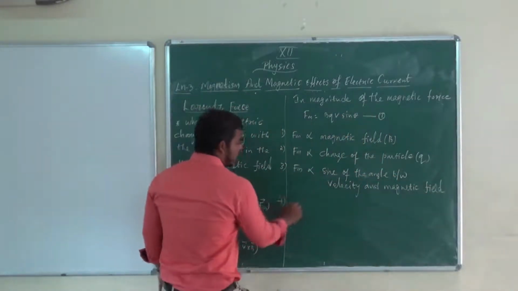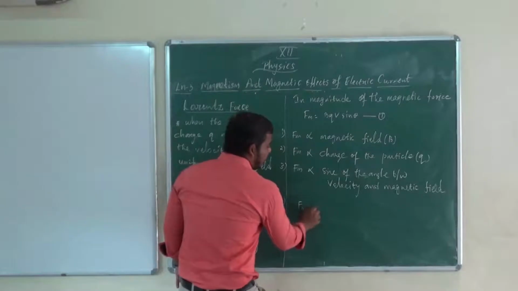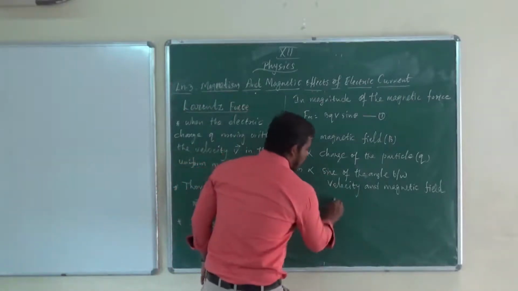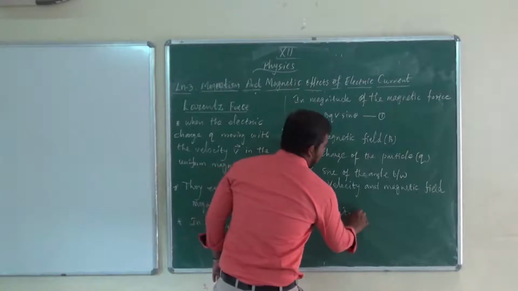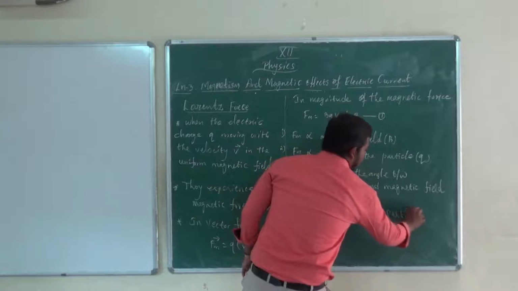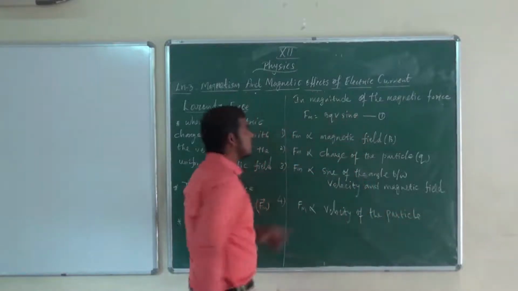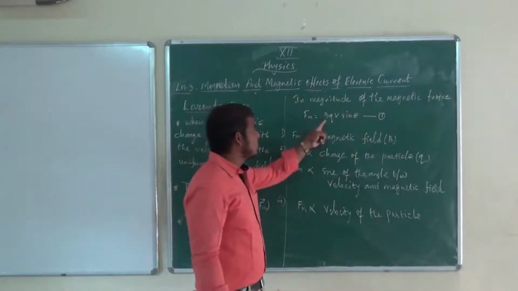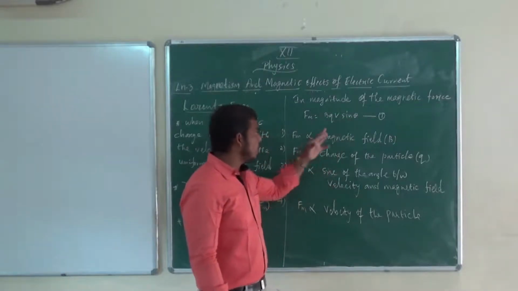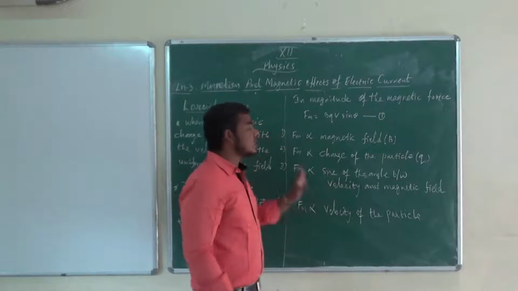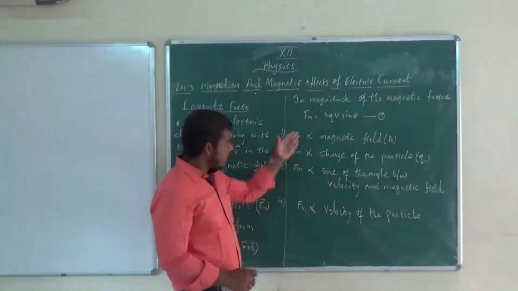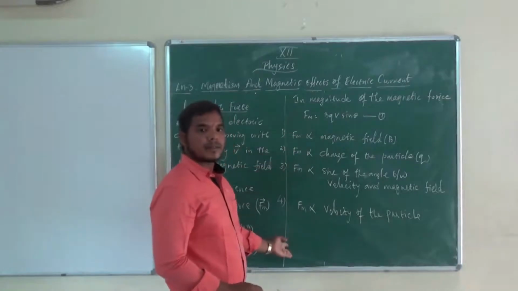Fourth point: the magnetic Lorentz force is directly proportional to the velocity of the particle. You need not write in the same order as the equation. If asked to define Lorentz force for 2 marks, you can write this equation and explain it.